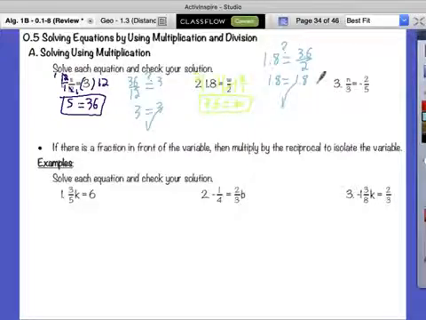Since this is division, you want to get this out of the denominator.